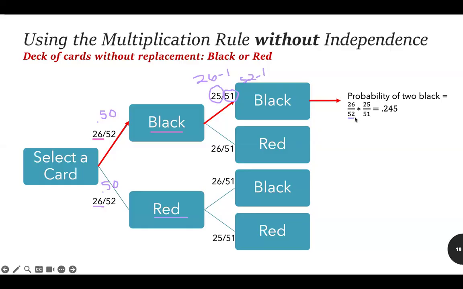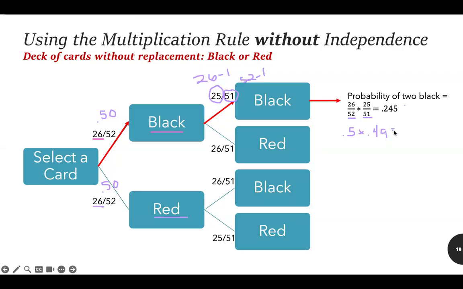So when you calculate that, you're looking at a different probability here. The first time we had 26 over 52. The second time we had 25 over 51. And I went ahead and I just multiplied it across and then divided it. You could do this different ways. So we could say 26 divided by 52, and that's going to be our 0.50. And then we can calculate 25 divided by 51, and that's going to be 0.49, so now we're multiplying.